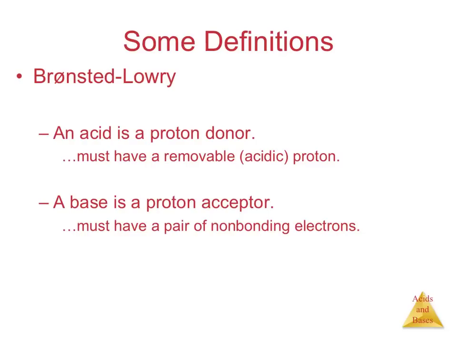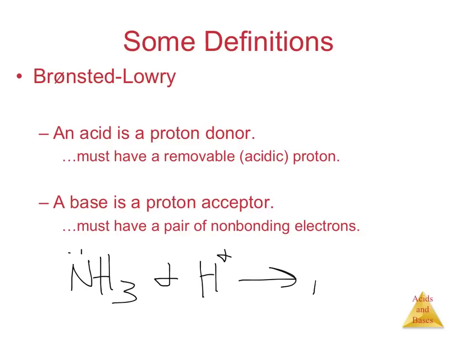If we look at the structure of ammonia, we have a lone pair of electrons on that nitrogen, and it can react with an H plus to accept it to give us the ammonium ion. So in this case, the ammonia is the Bronsted-Lowry base.